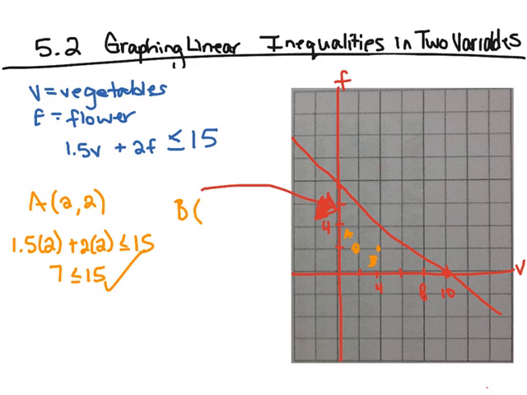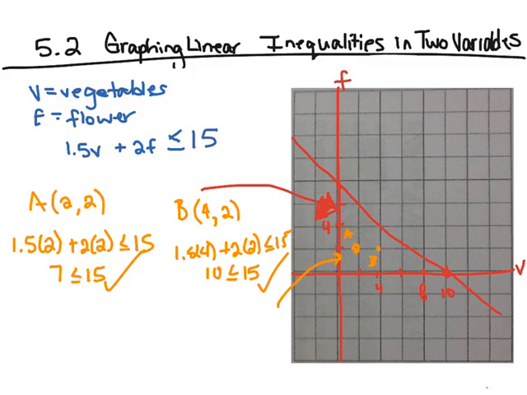And B will be at 4 and 2. So 1.5 times 4 plus 2 times 2 is less than or equal to 15. So 6 plus 4 is 10, which is less than or equal to 15, so that's right. So any combination, anything underneath here will work.